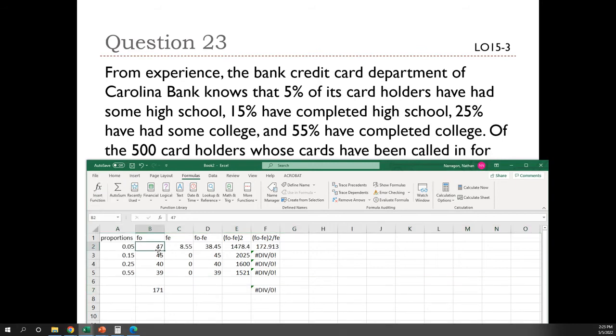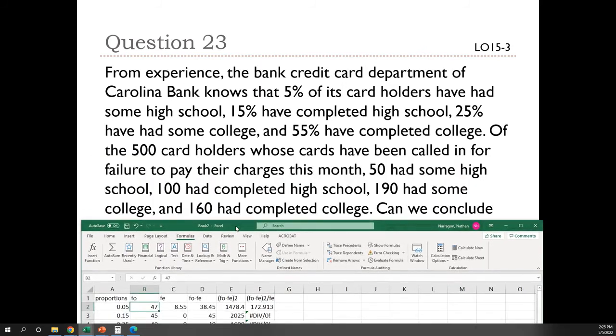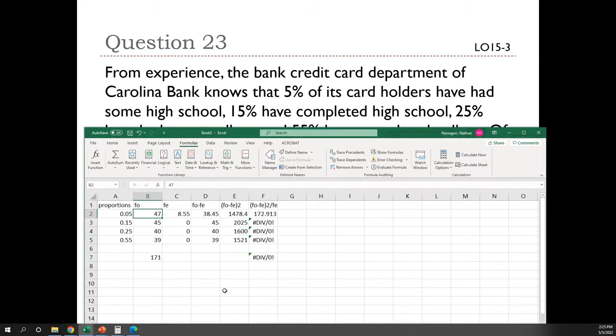There we go. Next, we're going to insert the actual people. So this was 50, 100, 190, 160.